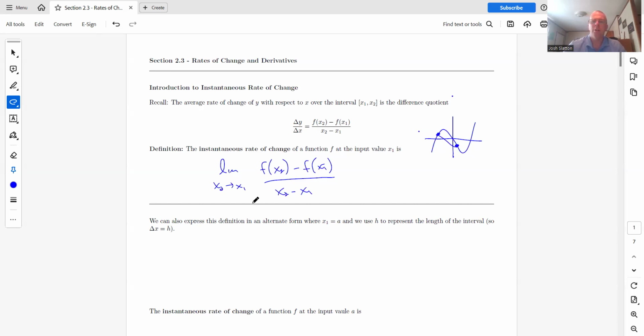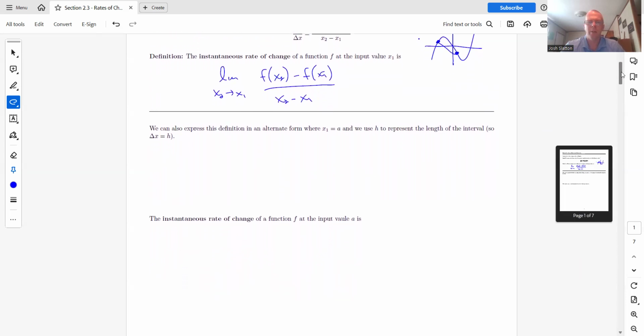So there are actually two ways to express this. An alternate way is if we let x1 equal a, and then we use h to represent the length of the interval, so delta x. So delta x would equal h, or that would be x2 minus x1. Then we can take the limit.